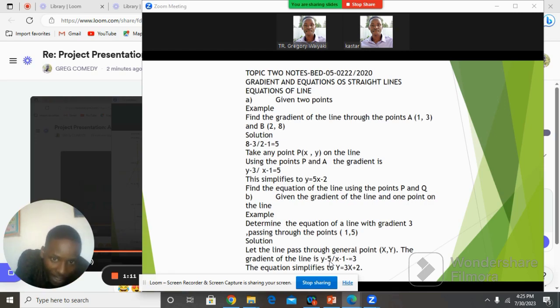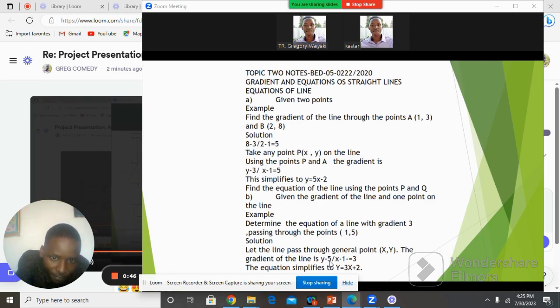Then to get the equation, you just take a point (x, y) on that line. Then using the points P and A, the gradient will be y minus 3 divided by x minus 1, so that we have the gradient 5, which simplifies so that the equation is y equal to 5x minus 2.